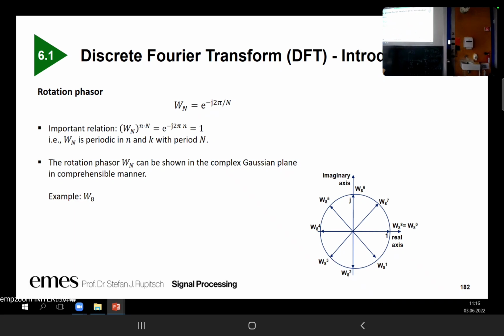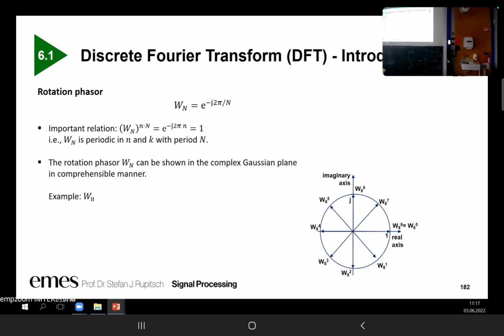We can imagine that this rotation phasor is a pointer, and we have defined positions of this rotation phasor, depending on the discretization of the frequency axis. And the discretization of the frequency axis is here performed by uppercase N, but it also refers to the discretization of the time axis.